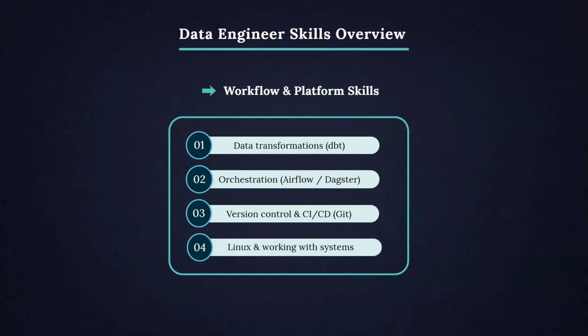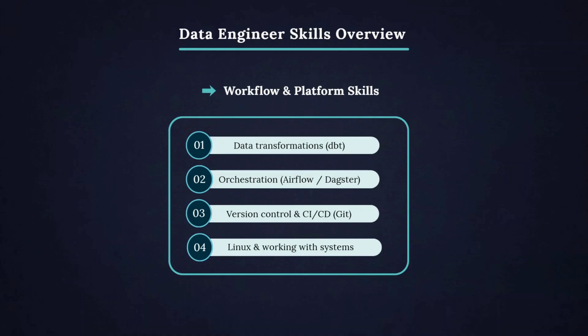And finally, some understanding of Linux and working with systems. This helps you debug issues, run jobs, and understand what's happening behind the scenes. These skills sit on top of the core skills. This is where data engineering moves from learning concepts to building real systems in production.